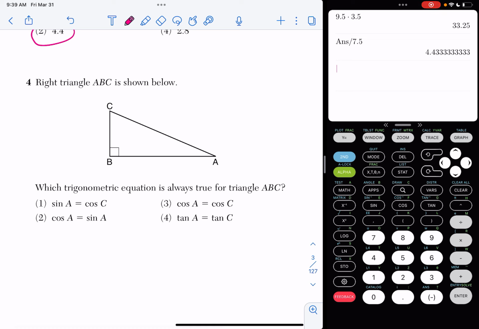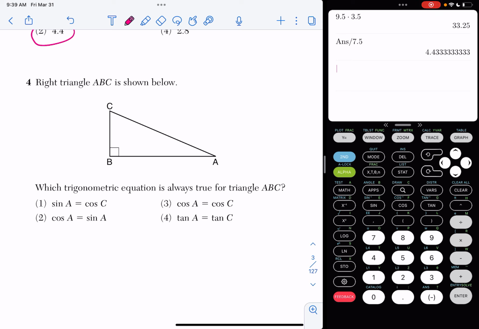Number 4, right triangle ABC is shown below. Which trigonometric equation is always true for triangle ABC? The Regents loves asking questions like this where it's asking about cofunctions. So sine and cosine are cofunctions. Even if you think about the word sine, cosine, it has the prefix co in front of one of them. And that basically means that those two functions work together.